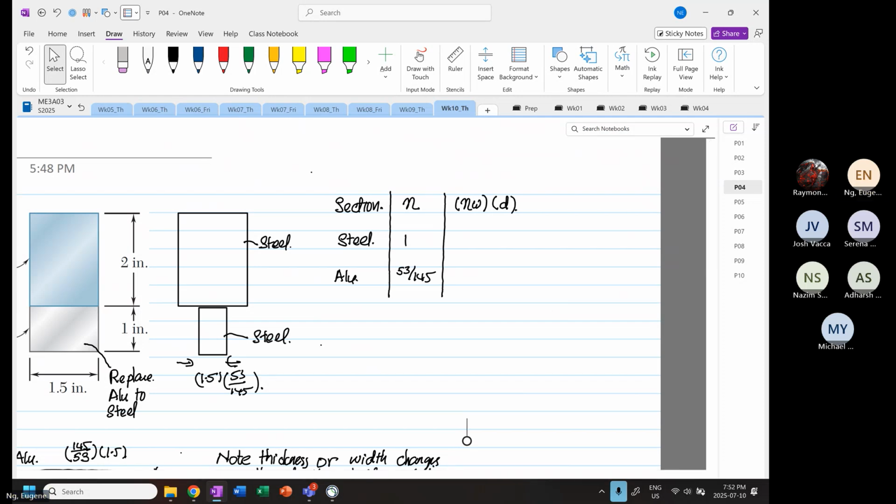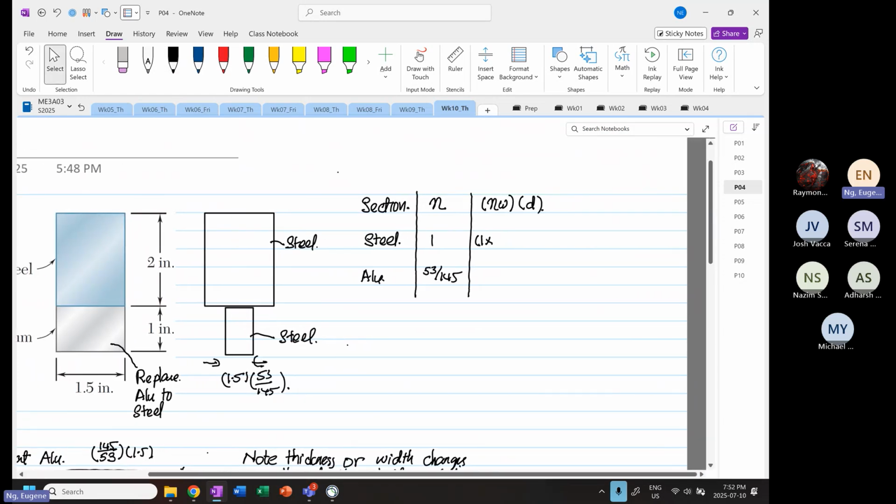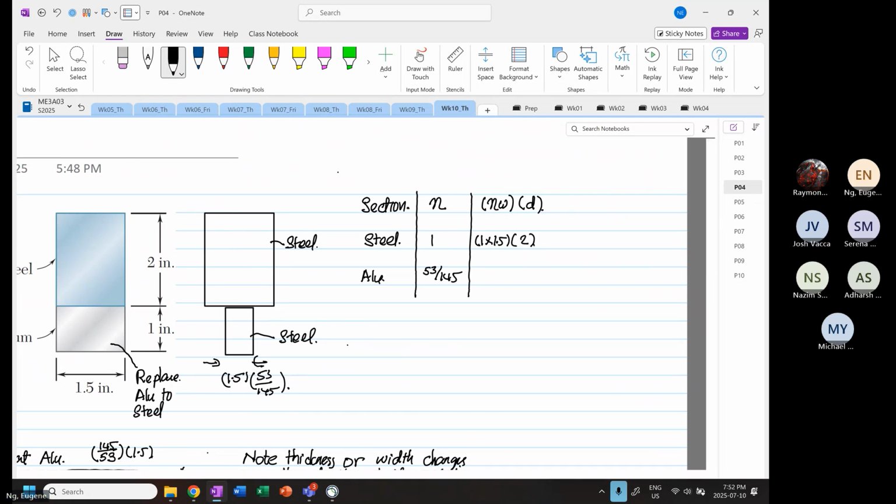Okay. So the N of 1 times the width is 1.5, multiplied by the depth is 2. So this will be equal to 3.